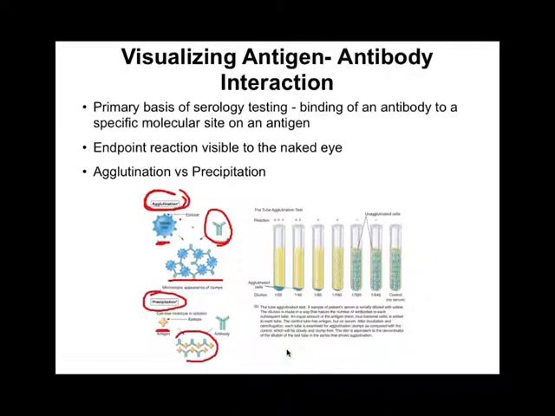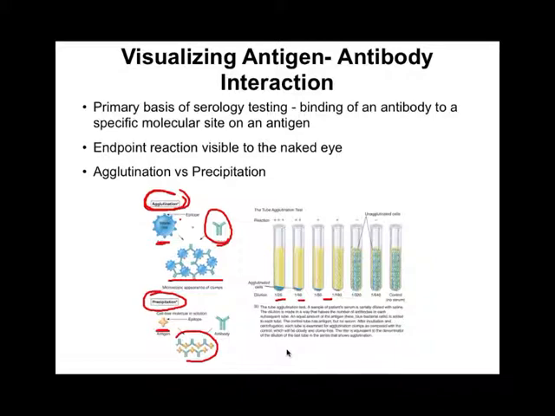The test on the right here is the tube agglutination test. Each of these individual tubes has a dilution of the patient's serum. So 1 to 20, 1 to 40, we dilute it further and further and further. And then we add the same amount of antigen to each tube. So we're trying to determine what the patient's antibody level is, what their titer is.